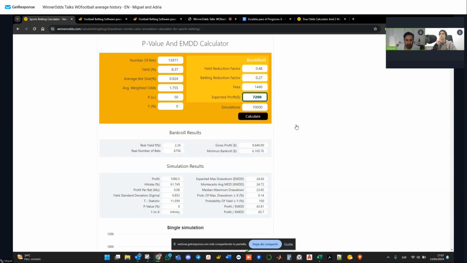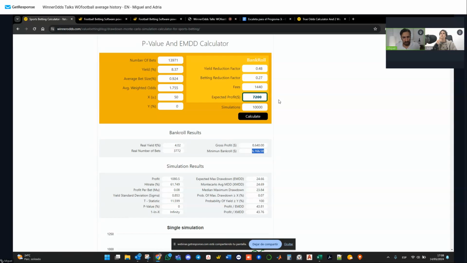As this is what affects the profit and is proportional, the bankroll doesn't change. But you're right, this yield reduction factor was about half, and the number of bets reduction factor is about 27%. So this is what you expect.